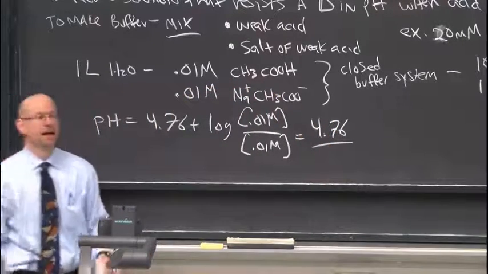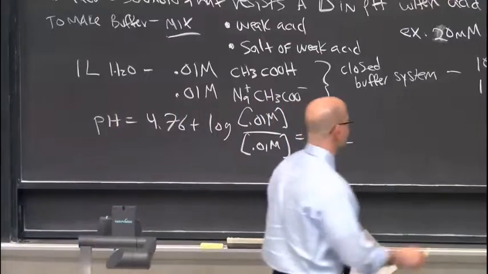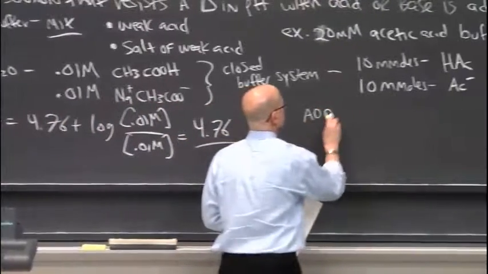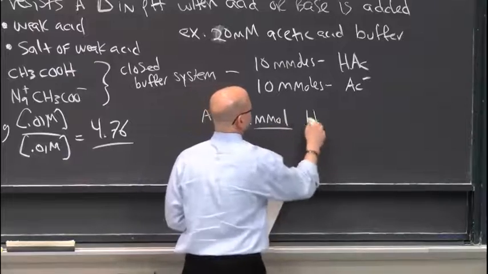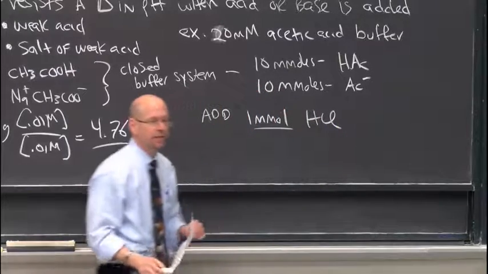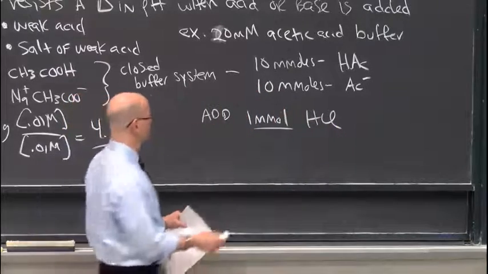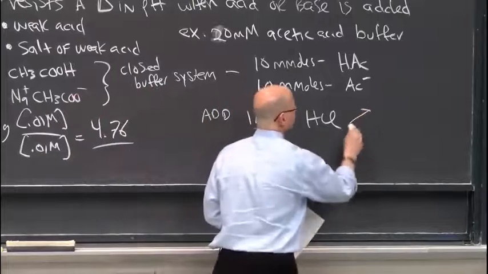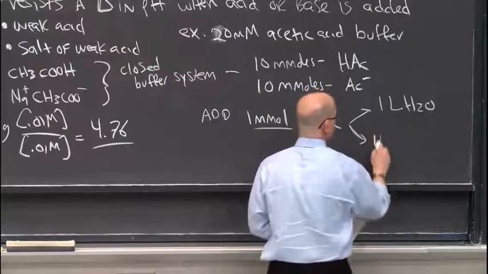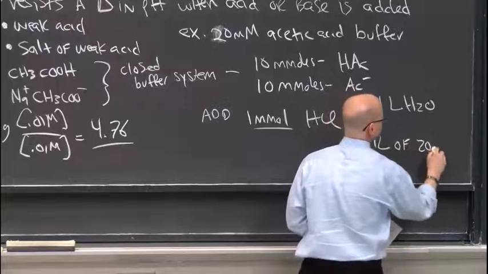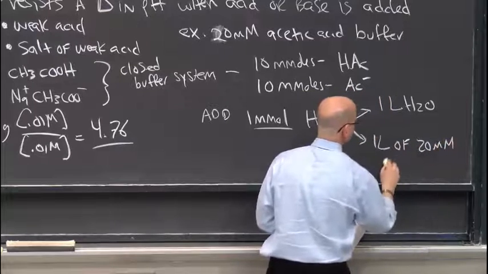Now, let's do an experiment. Let's add 1 millimole of hydrochloric acid, a strong acid, to this solution. Okay? And we're going to try two things. We're going to add it to either 1 liter of pure water or 1 liter of our 20 millimolar acetate buffer.